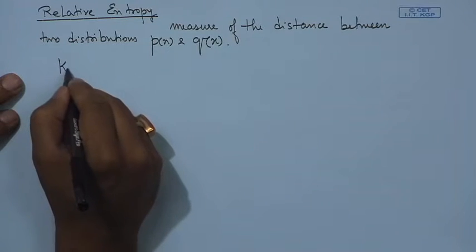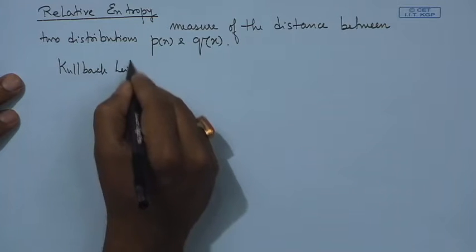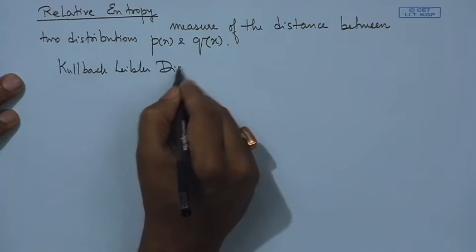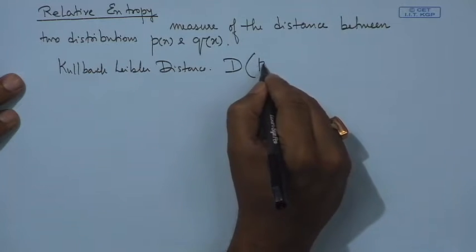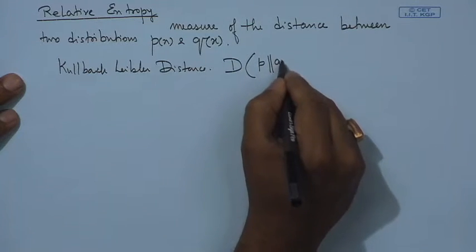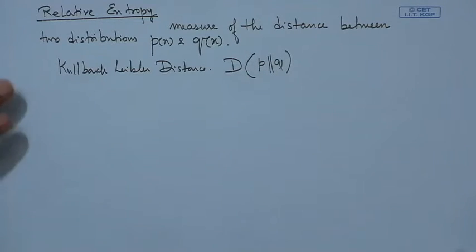It is also known as the Kullback-Leibler distance, and is denoted as D(p parallel line q). That means we are identifying the distance between the distributions. Now you can easily calculate the distance between two points, but the distance between two distributions is not very easy to find. So there is a specific definition to it, and that is the particular definition we are looking at in this case.